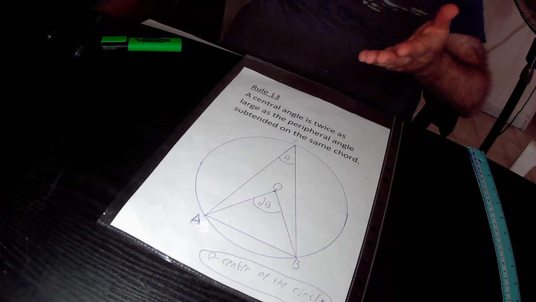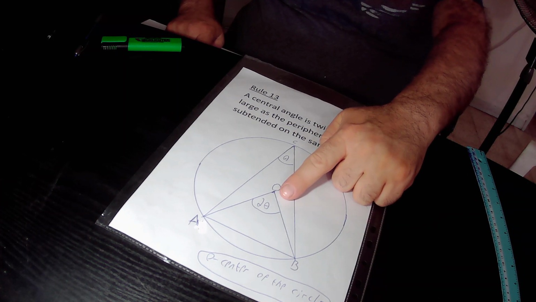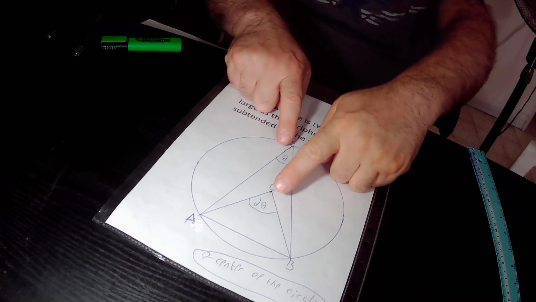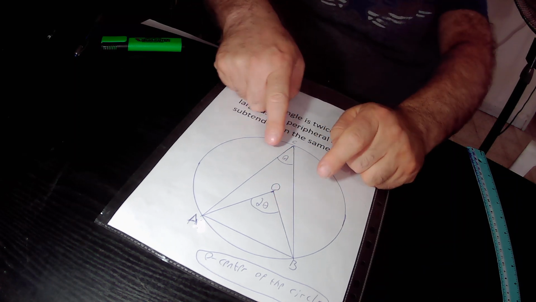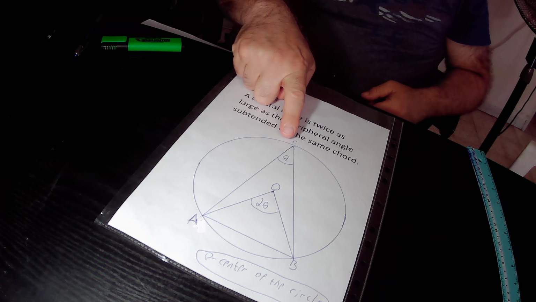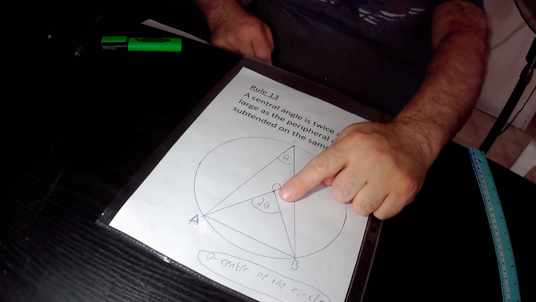According to this rule, the size of this central angle AOB must be twice as large as the size of this peripheral angle ACB, because both of those angles subtend on the same chord AB. We know that the size of peripheral angle ACB is theta, and therefore the size of central angle AOB must be equal to 2 theta.